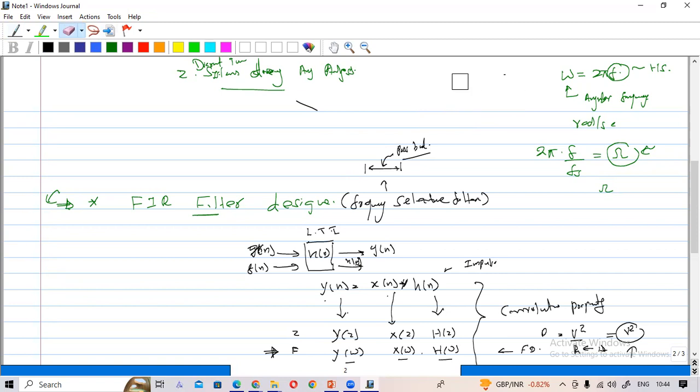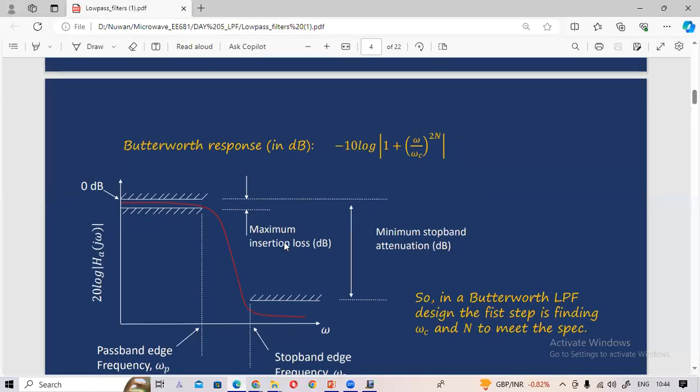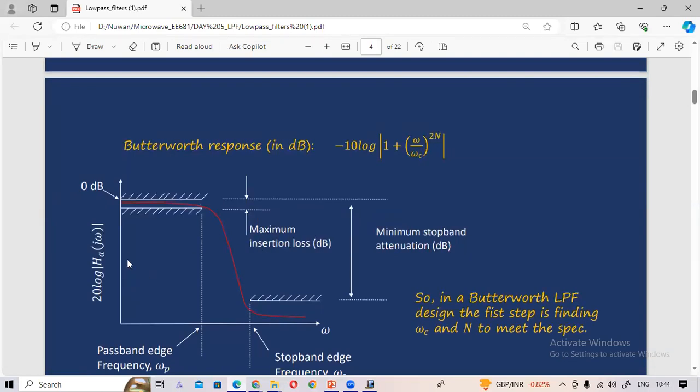For this design procedure, they have used the power gain in dB. This is the power gain actually.